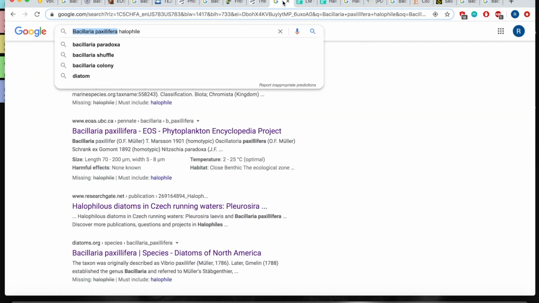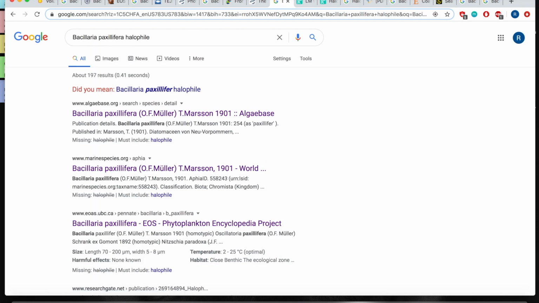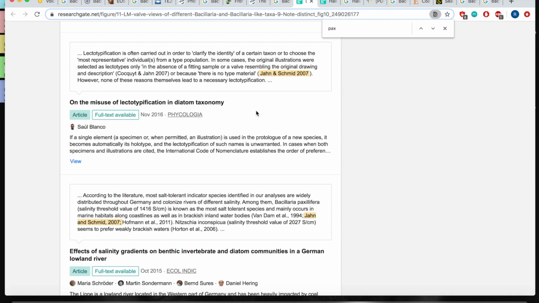So next, through two sources, I saw that there seems to be some halophility with this species, so I just Googled the species and the word halophile to see what comes up. I found on ResearchGate.net a few sources talking about how this species is salt tolerant, so I wanted to see if there were any other sources stating that.